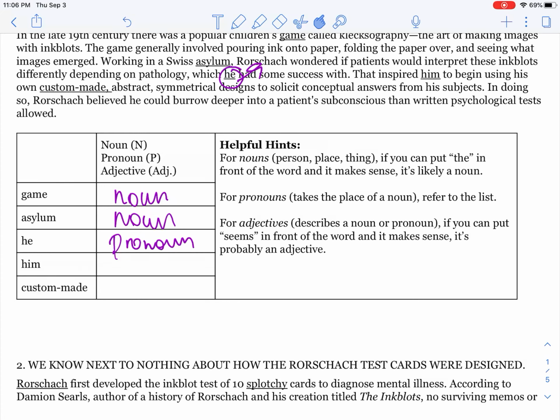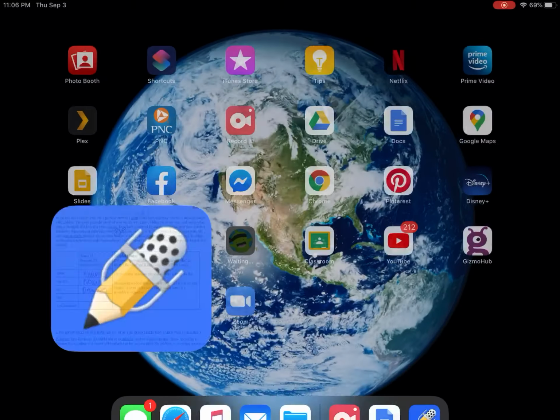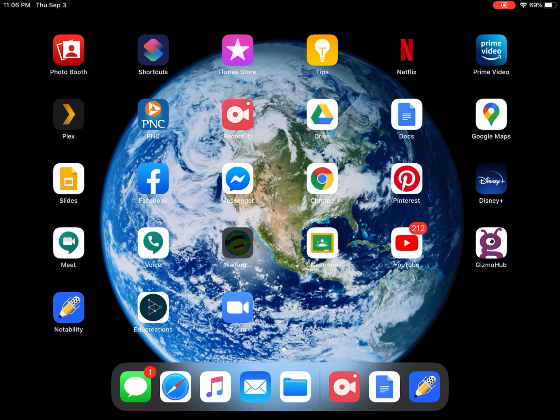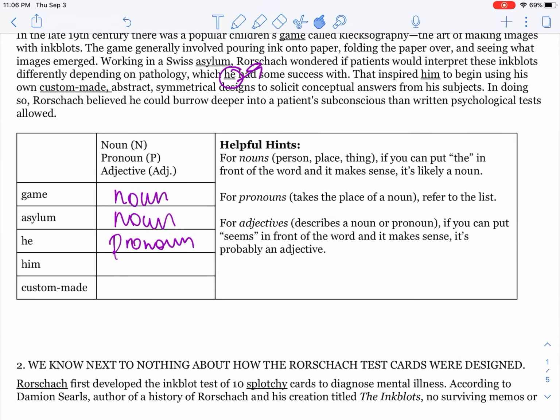And then it says, that inspired him to begin using his own custom-made abstract symmetrical designs to solicit conceptual answers from his subjects. So him is in fact on this list. It's the third one down in the second column. And it takes the place of a noun. Him is talking about Rorschach as well. So this is a pronoun.